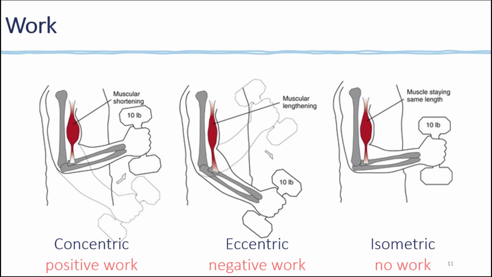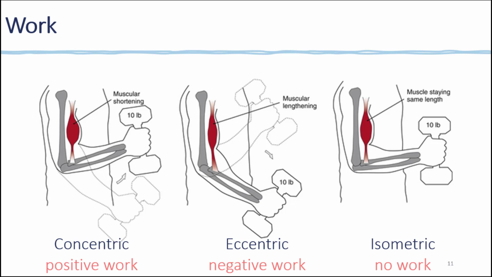So the last thing that we need to know about work is that our muscles also do mechanical work. When a muscle contracts, it pulls on its points of attachment. So positive work is done by a muscle when it contracts and its points of attachment move in the direction of the muscle force that's pulling on them. So the force and the displacement are in the same direction.